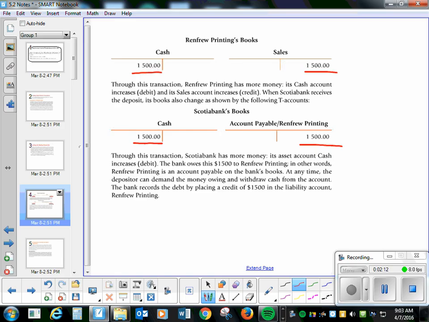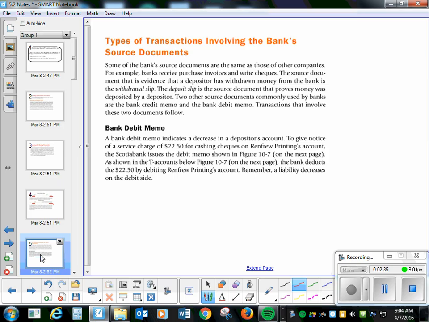Through this transaction, Scotiabank has more money. Its asset account cash increases. The bank owes this $1,500 to Renfrew Printing, in other words. Renfrew Printing is an account payable on the bank's books. At any time, the depositor can demand the money owing and withdraw cash from the account. The bank records the debt by placing a credit of $1,500 in the liability account.